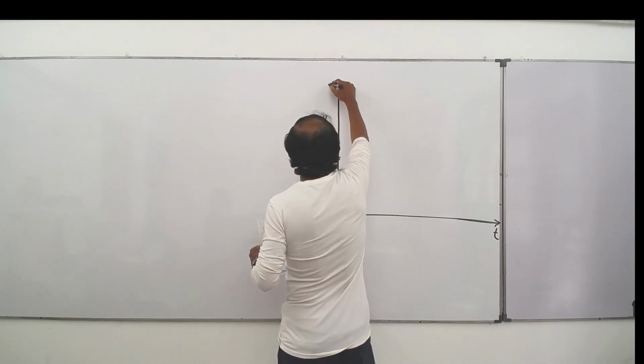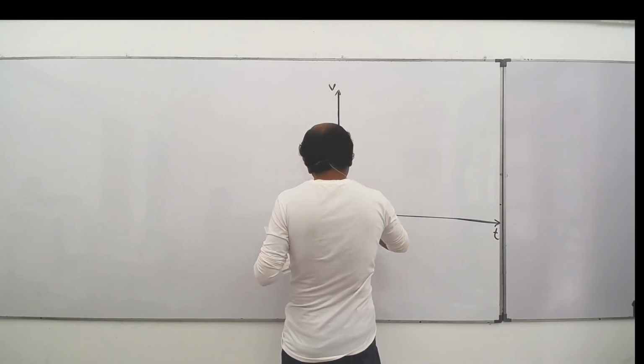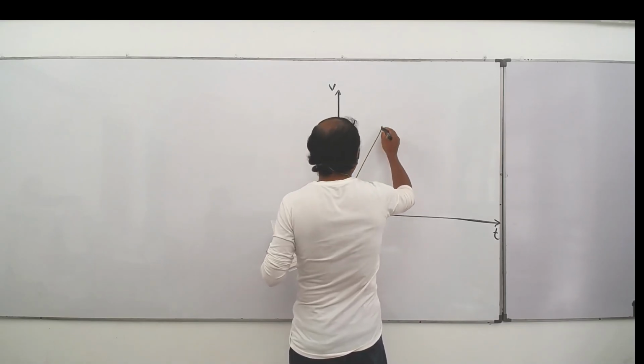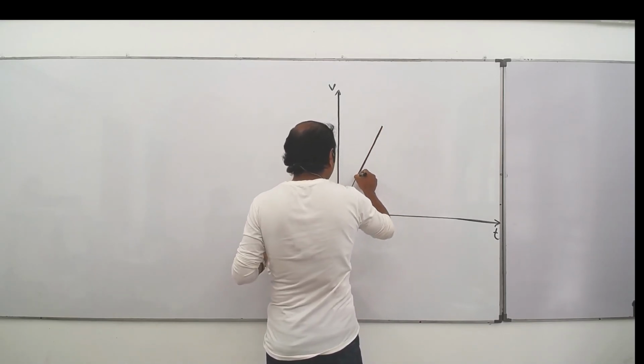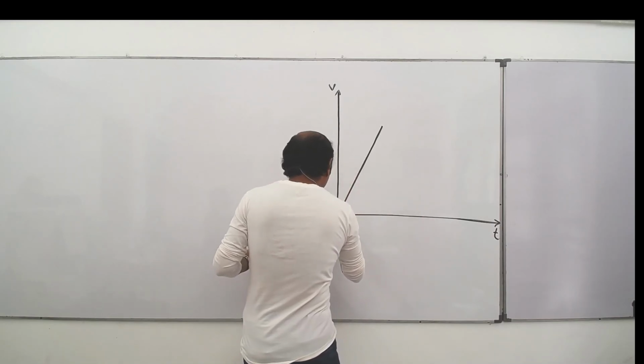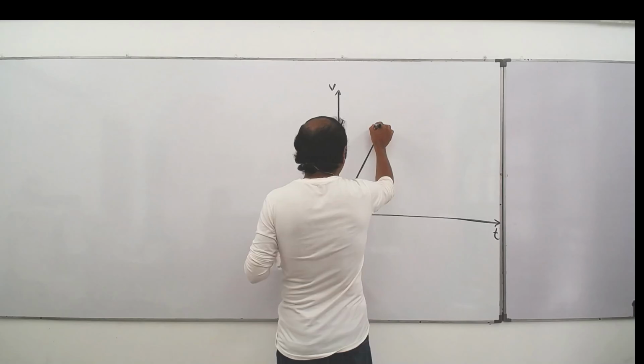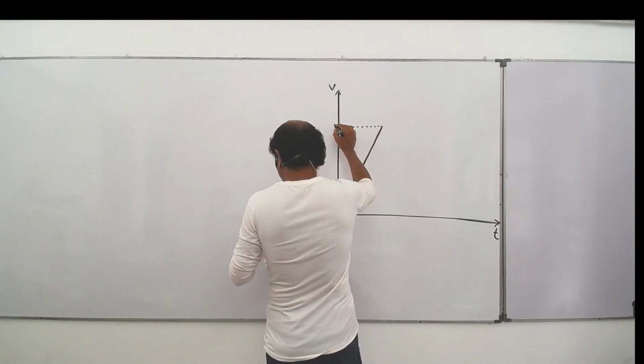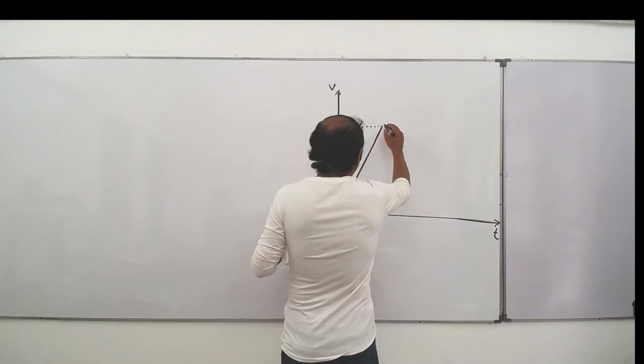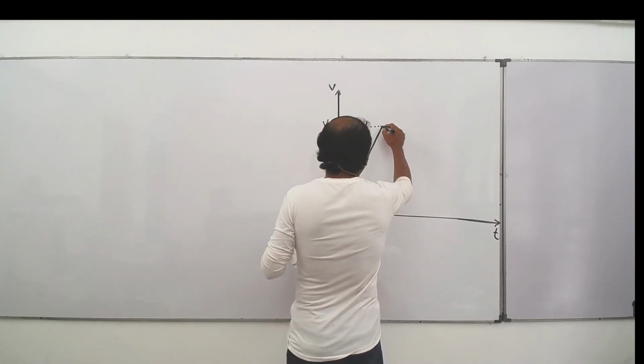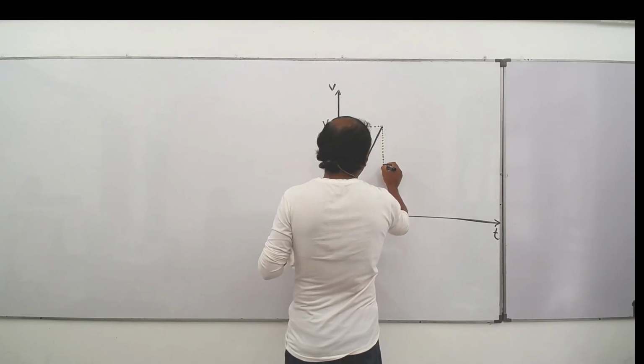The velocity reaches v, and on collision with the obstacle the velocity suddenly decreases to v by 2, like this.